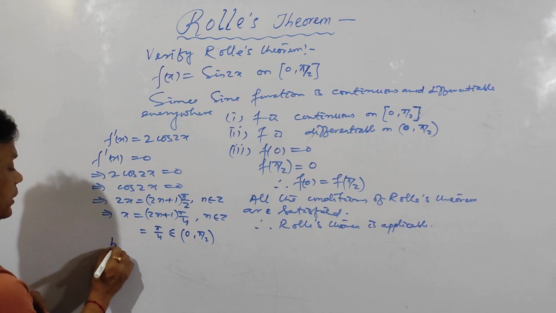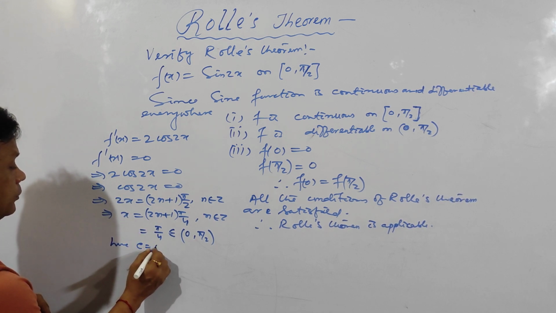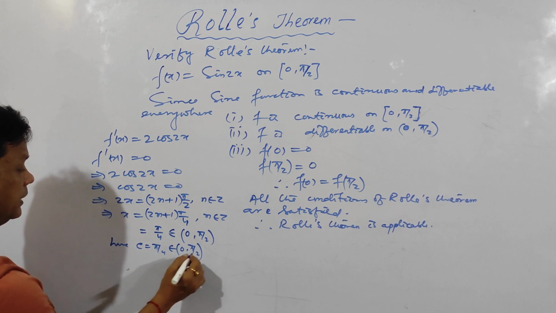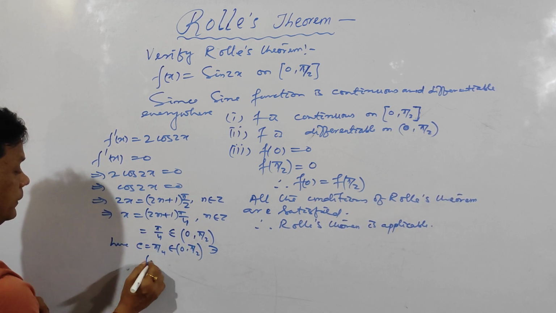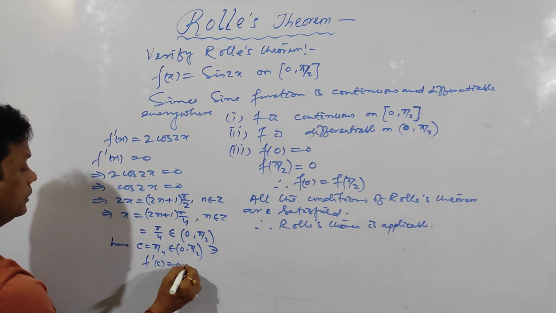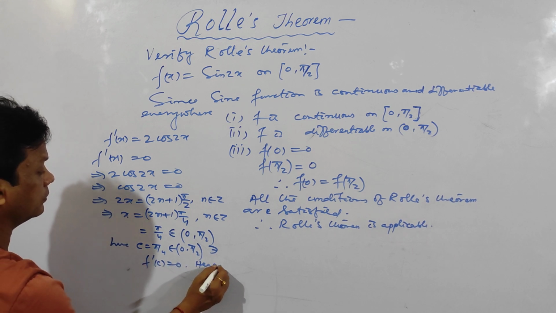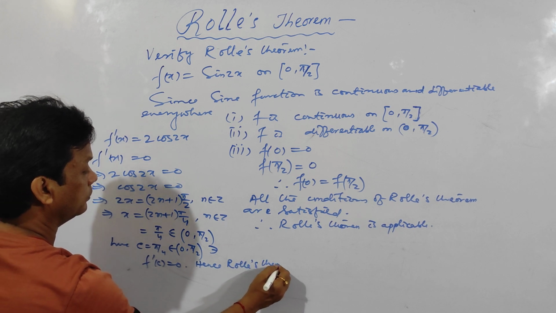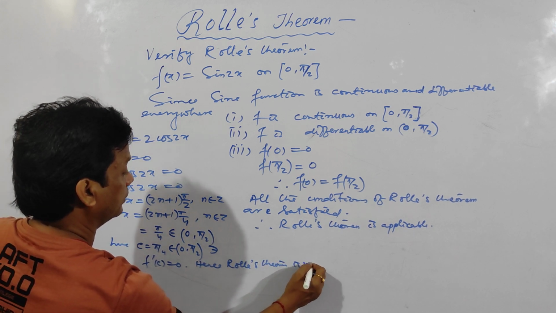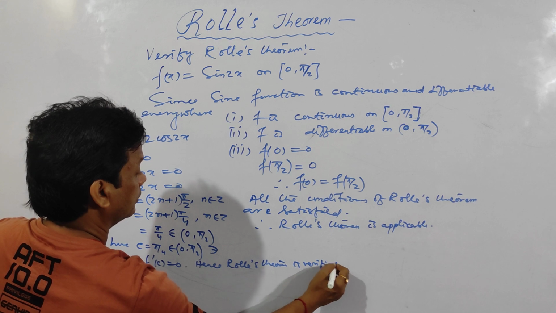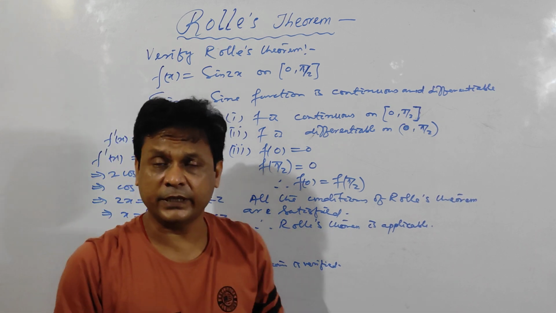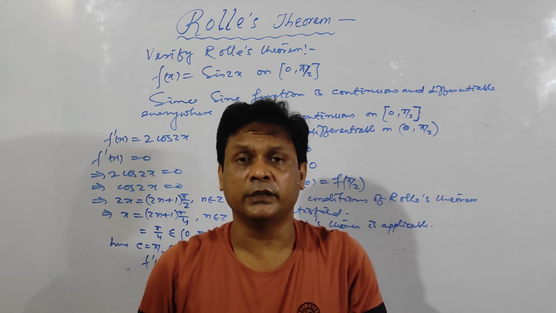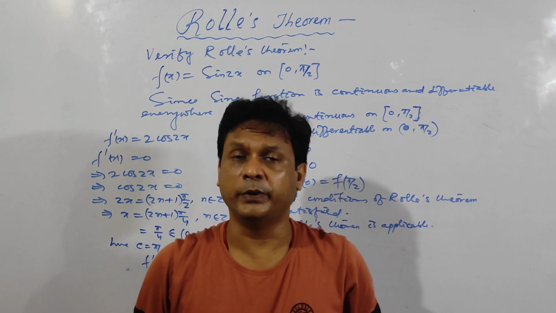Clear? So here C is equal to pi by 4 belongs to 0 pi by 2 such that f dash c is equal to 0. Hence, Rolle's theorem is verified. See here, these are very easy problems, and I have told you in the exam only polynomial functions will be given.